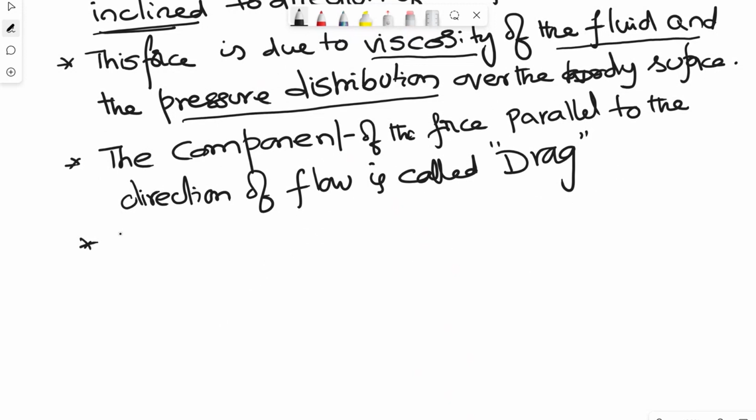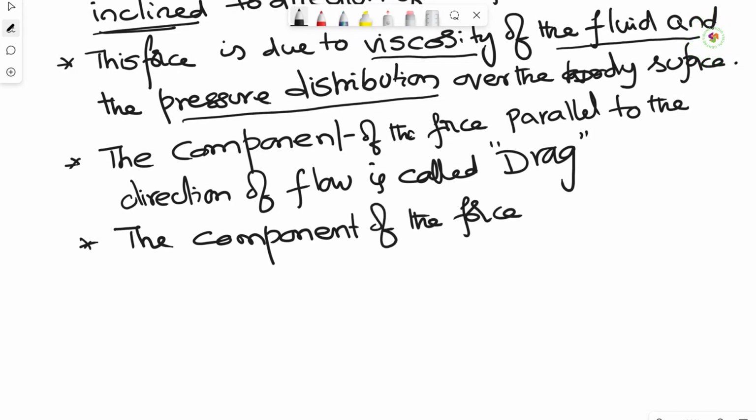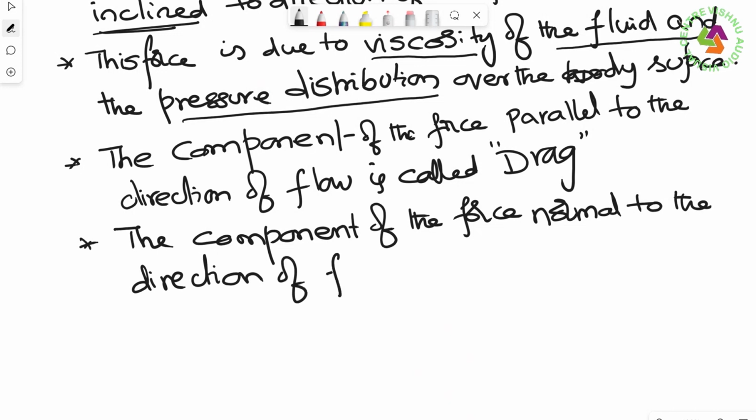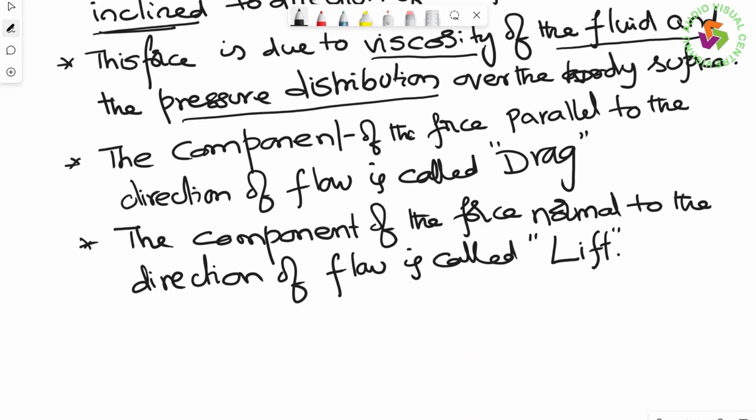Similarly, the component of the force normal to the direction of flow is called lift. Two components I introduced to you: one is the drag, the other is the lift.